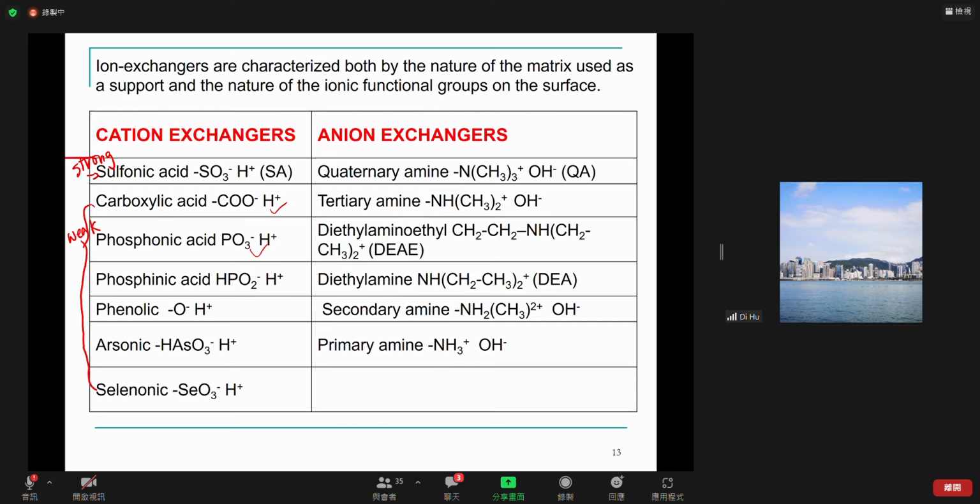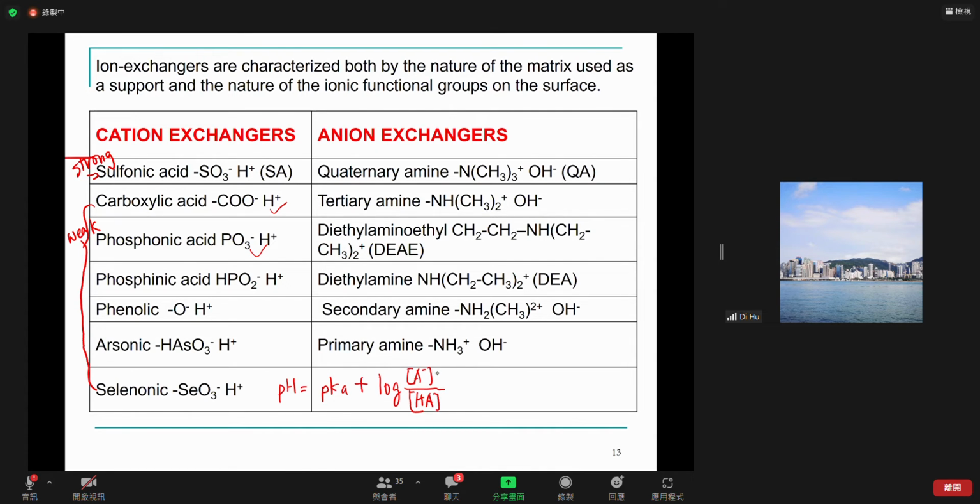Why? We say that because they can be either charged or uncharged based on the pH of the mobile phase. Do you still remember, for a weak acid, pH equals what? pKa plus log of the negatively charged conjugate form over its acid form, right?